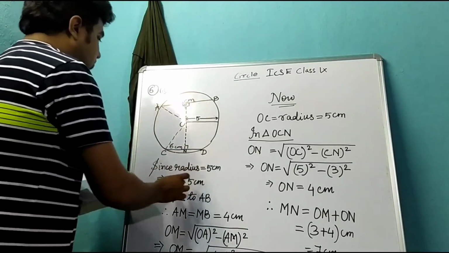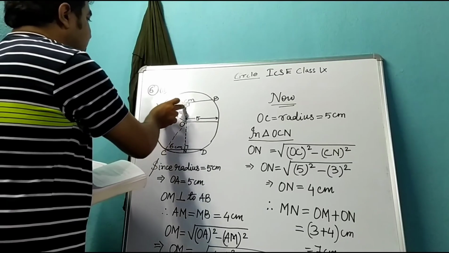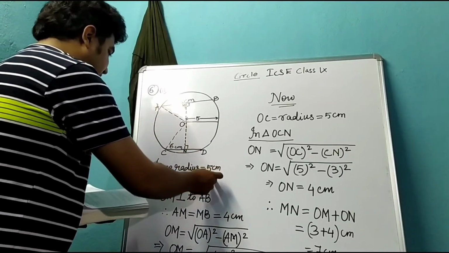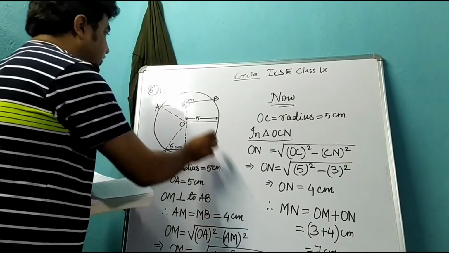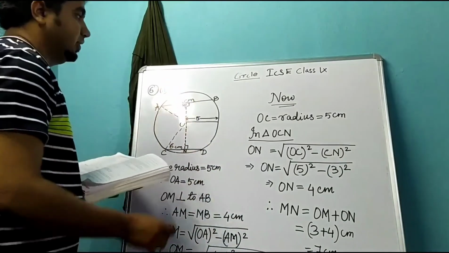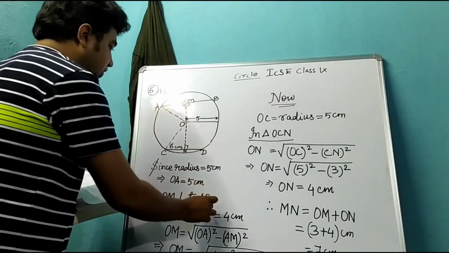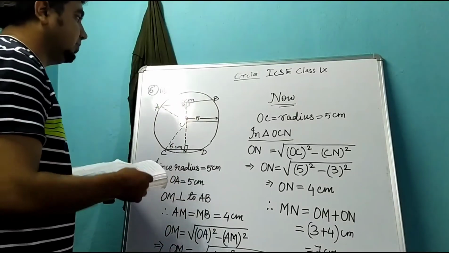Now we are seeing that the line through O is perpendicular to the chord, means OM will be perpendicular to AB. So triangle AMO will be a right angle triangle, in which AM will be equal to 4 centimeter. As I told, the chord is bisected as the line is passing through O. So AM length will be equal to 4 centimeter and MB will also be 4 centimeter.